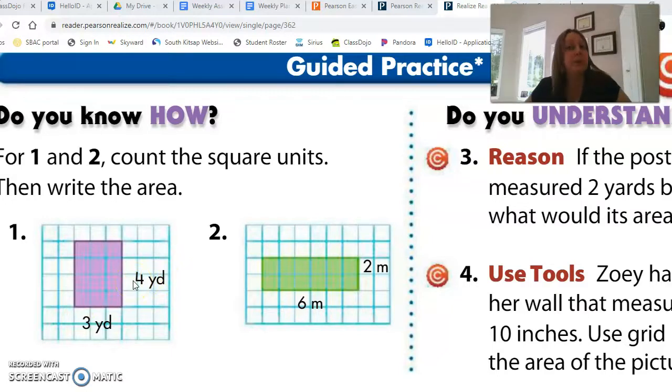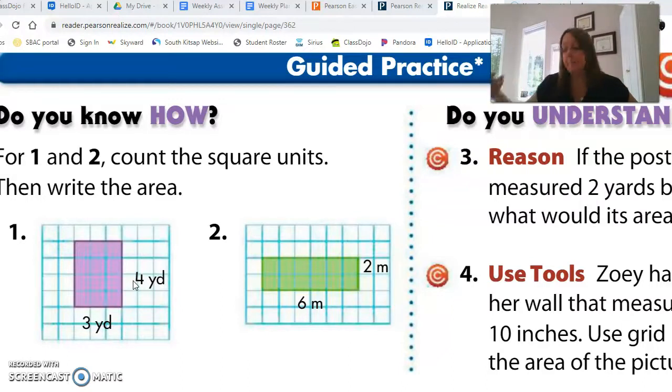All right, for number 2, we're going to do the same thing. So area equals length times width. Okay, the length is side to side, so we have area equals 6 times 2. Wait a minute. 6 times 2 is also 12 square, but let me make sure that our unit didn't change, and it did.